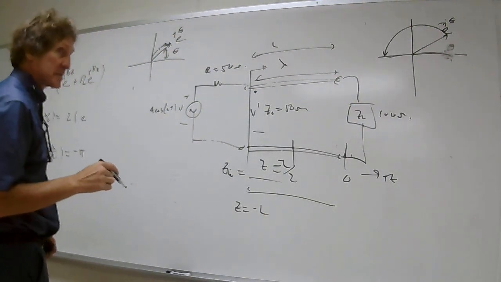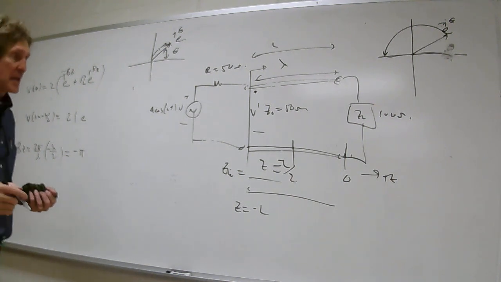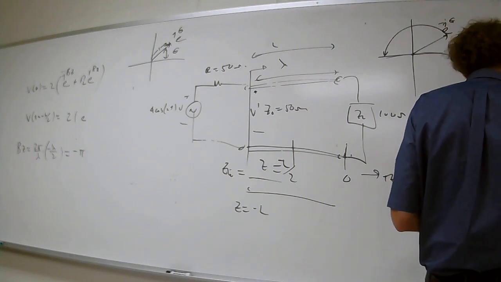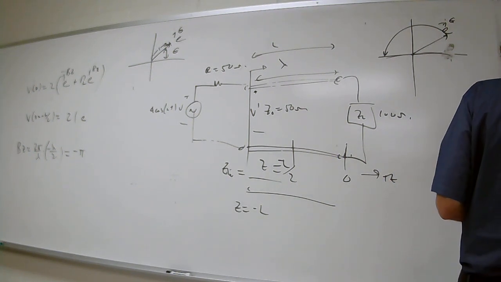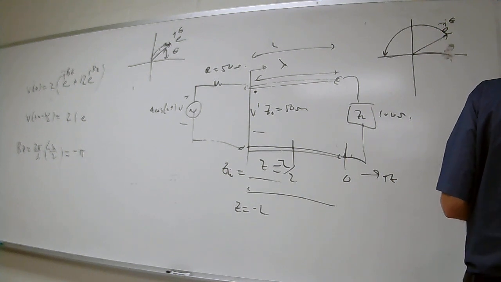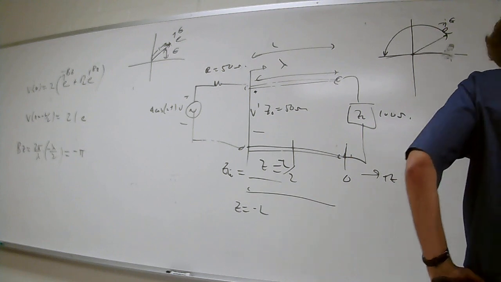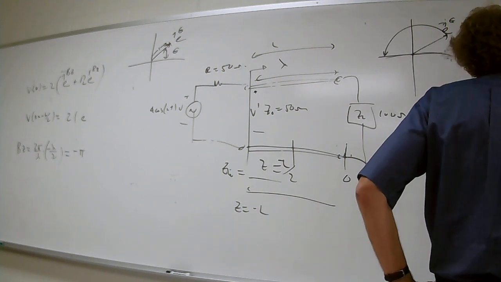You agree with that, class? And so here, then you can get it by just taking, let me try that again. E to the j theta is cosine theta plus j sine of theta, right?